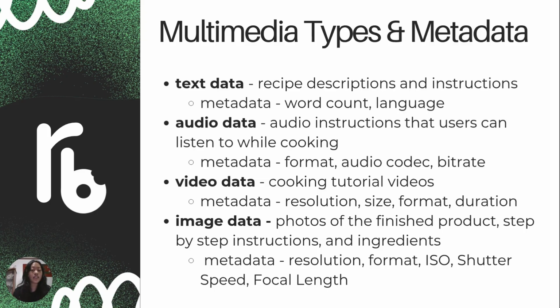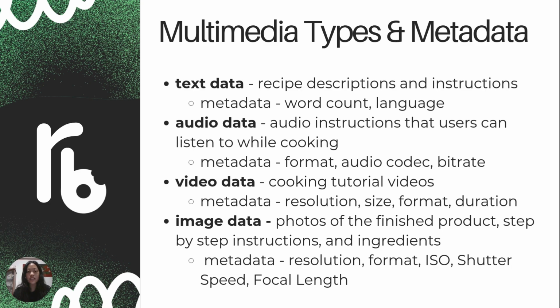And last but not the least is the image data. This contains the image of the final dish, image of the equipment, just as I said before. And because this is a multimedia database system, the metadata is also necessary. So the metadata, what is it? Meta just refers to the data of the data.